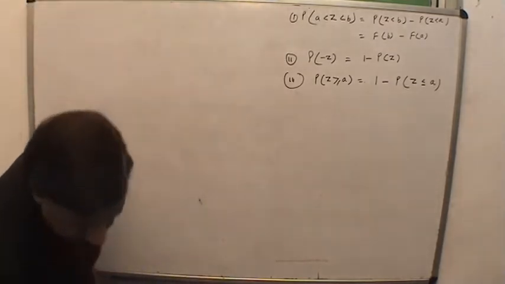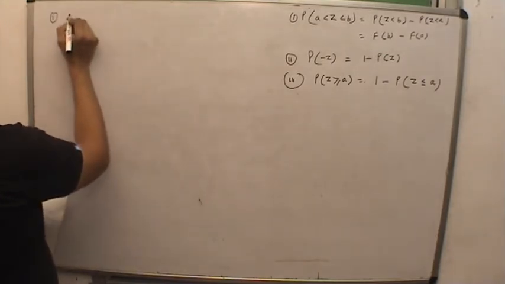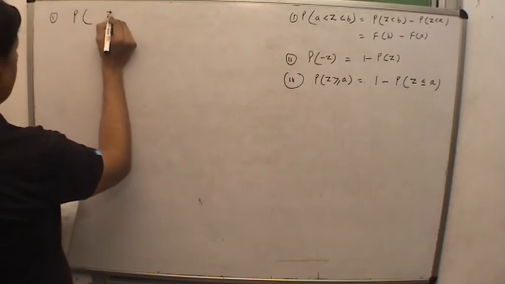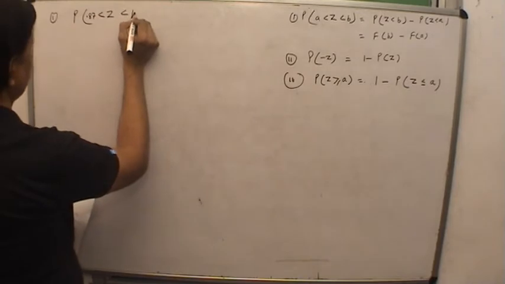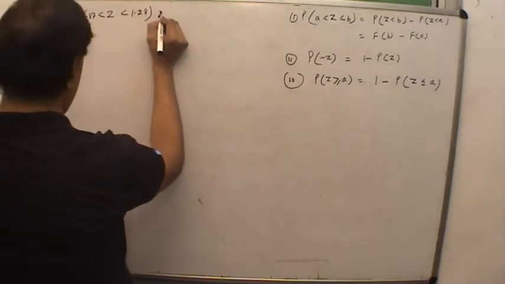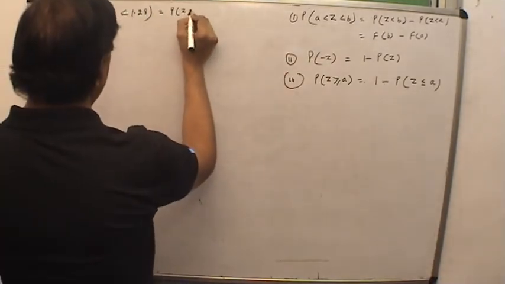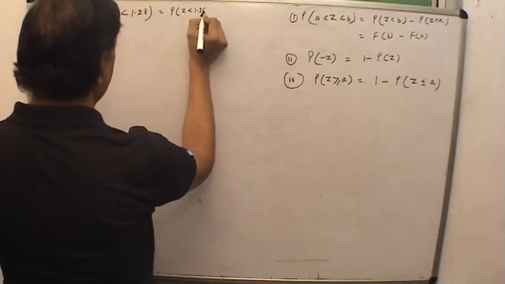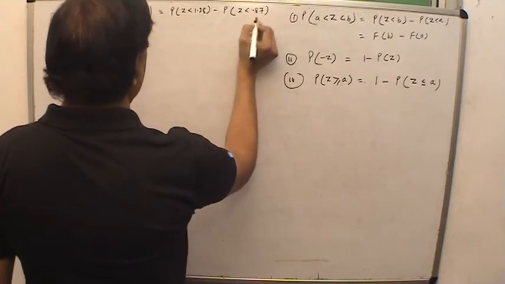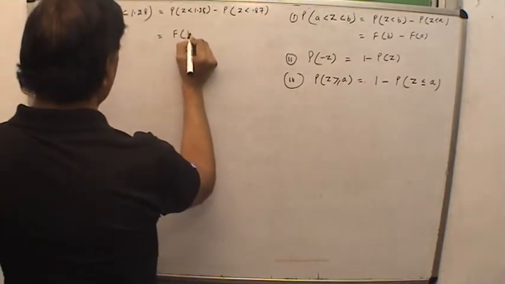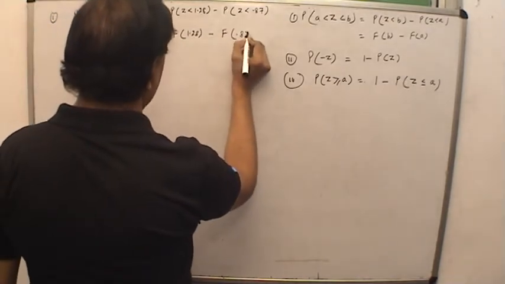First we should see the simple problems. Find number 1, P(Z lies between 0.87 and 1.28). We apply the first rule: P(Z less than 1.28) minus P(Z less than 0.87), that is equal to F(1.28) minus F(0.87).